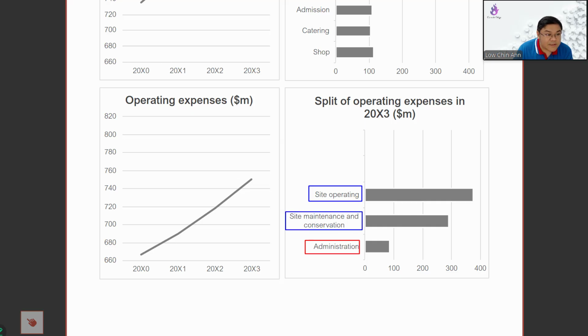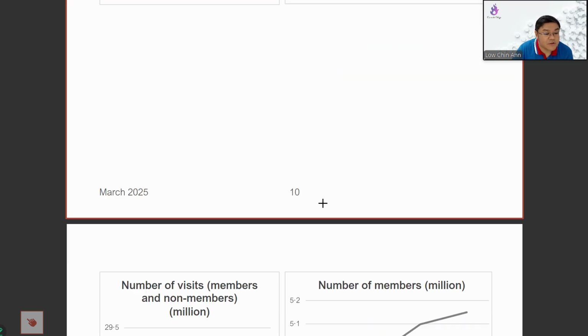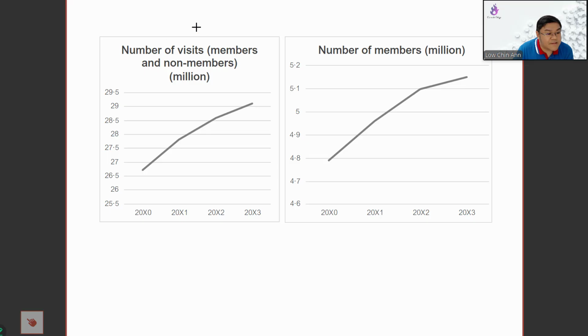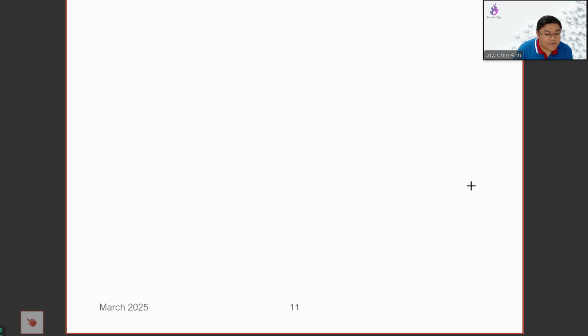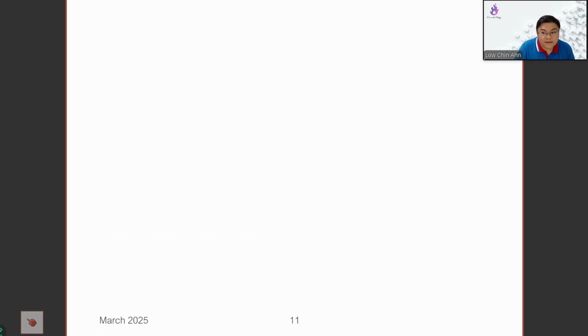Would that also suggest the risk that your conservation effort may not be sufficient? We do not know until they give us more information. The number of visitors from members and non-members are also increasing. The number of members is also increasing. So it looks like everything is quite positive for this particular charity.